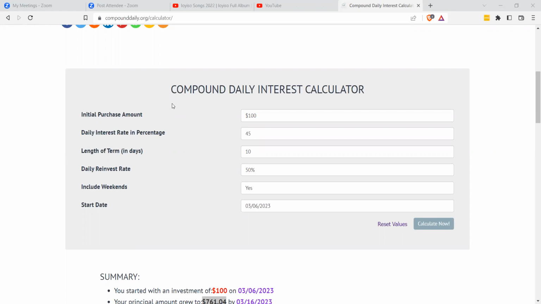So what I'm trying to do is to relate compound interest with your risk. How much can you make in the long run when you have a good trading system and a good risk management plan in place? That's what we are doing here.